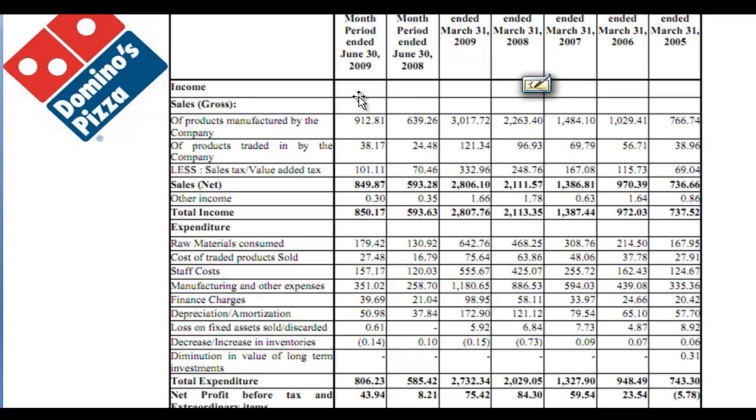Now, do all companies present their income statements like this, in this much detail? Not really. This is a special case, and I picked it because this was the income statement that Domino's presented when they were filing for their IPO some time back, their initial public offering. Domino's is a franchisee in India. The name of the company that owns the Domino's franchise in India is Jubilant Foodworks Private Limited, or right now Public Limited.